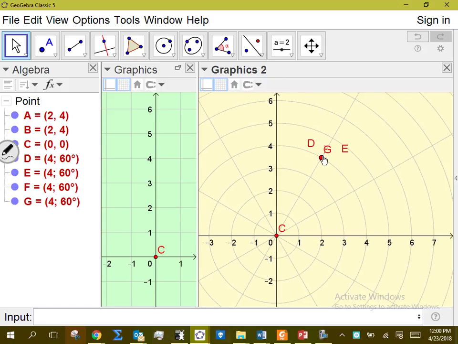It gets me back to the same spot, G, even though I typed in a negative radius and 240 degrees. So there's a lot of different ways, and I can add 360 to that number. Negative 4 comma 600 would be another way of labeling that point.